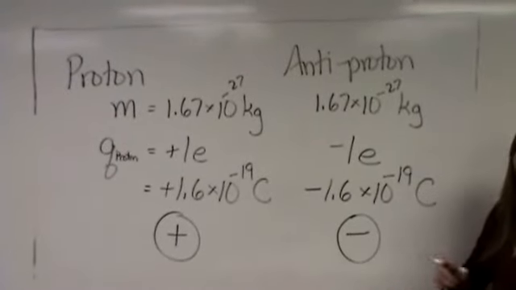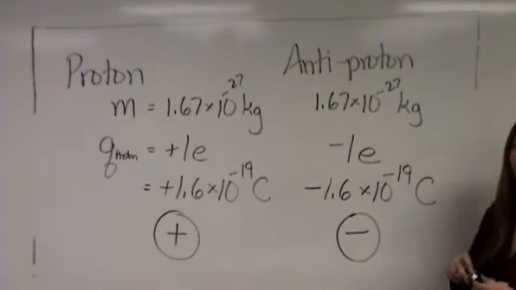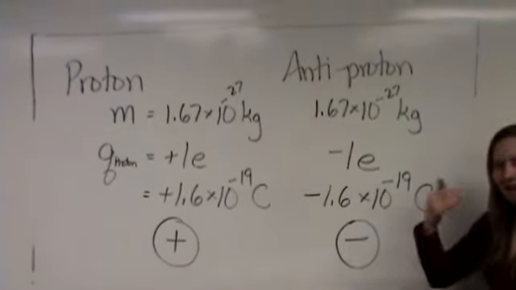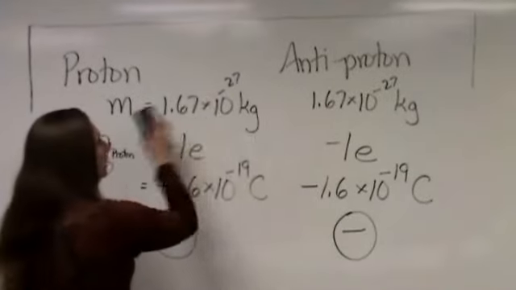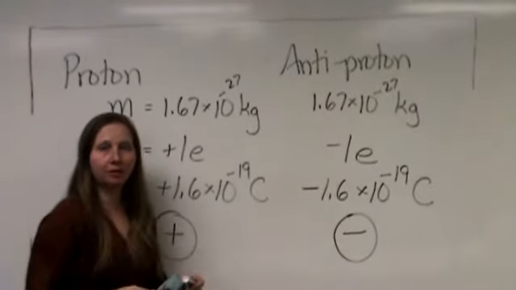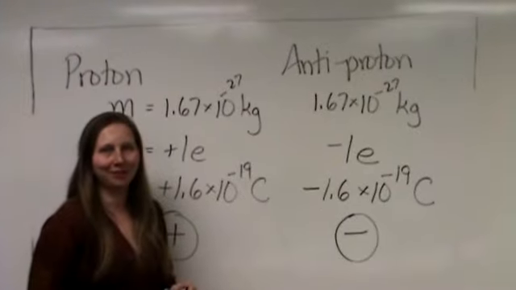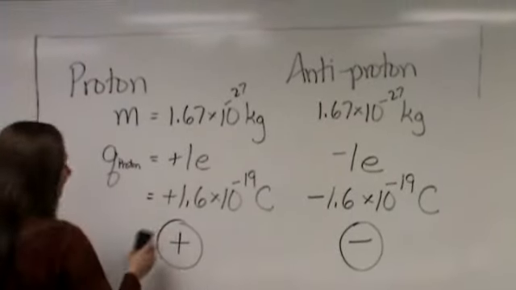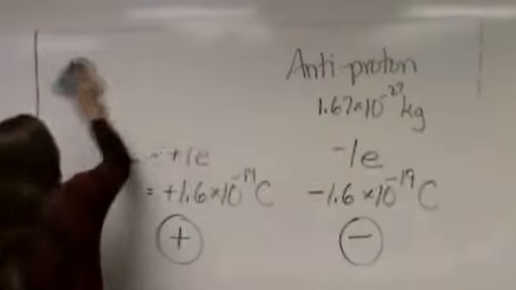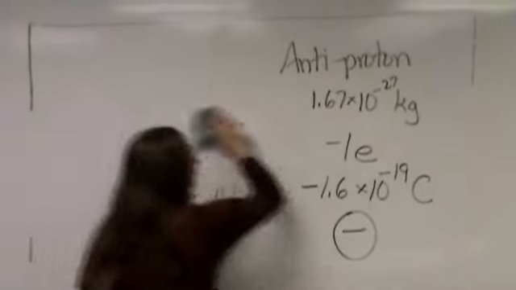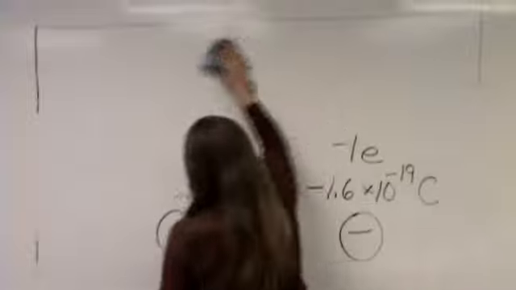All right? Now let's look at an electron and an anti-electron. Now remember, if the proton and the antiproton come together, they're going to annihilate each other. But we'll do that later. It's a little dangerous. I want to be careful. All right, the proton and the antiproton.